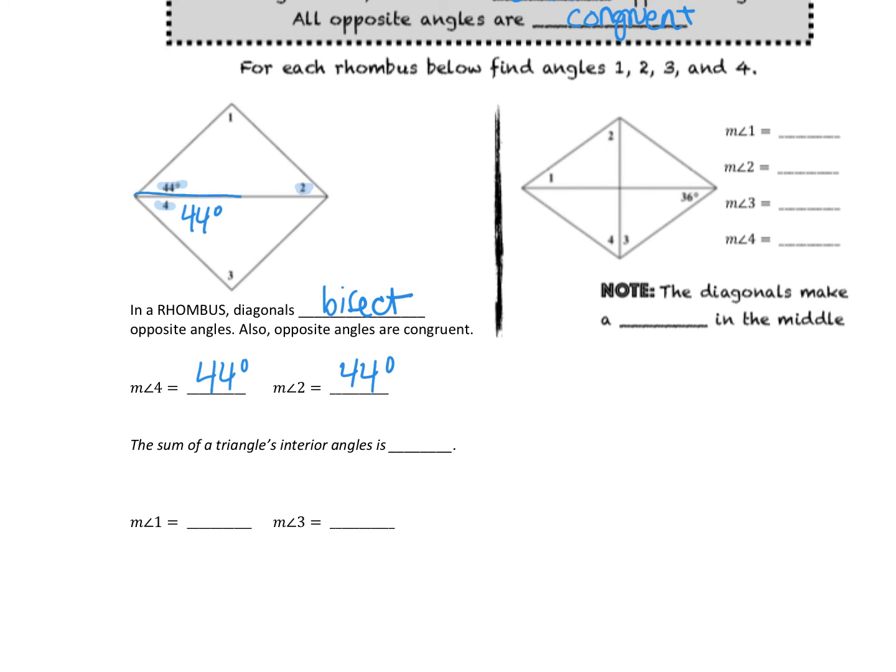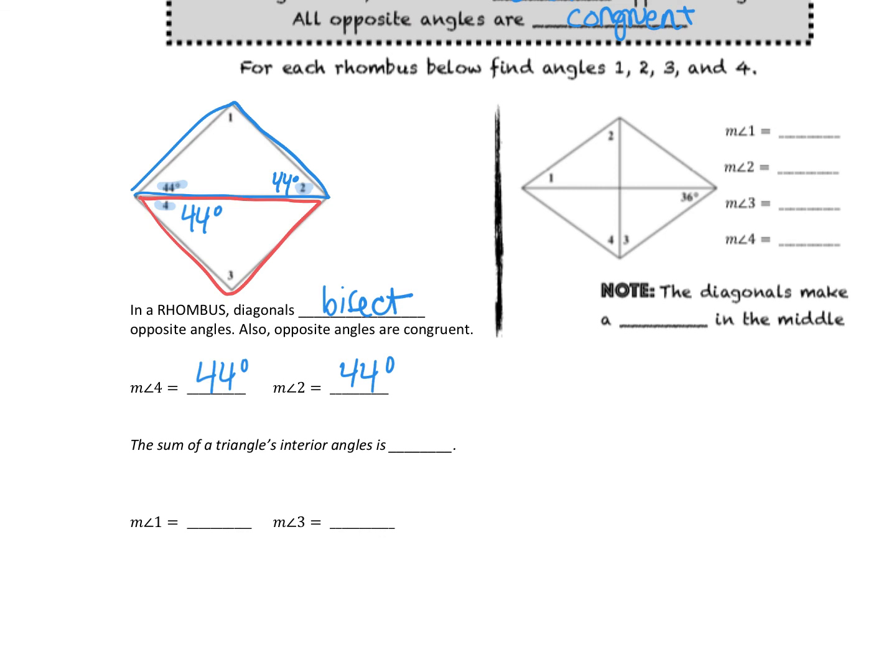Then I'm going to take into account that this is split into two triangles. So we have the blue triangle, which is up here, and then we have the red triangle, which is down here. Okay? And again, if I label this as 44 degrees, now I'm going to use the fact that I have in my blue triangle 2 angle measures, and I'm going to use that to find angle 1.